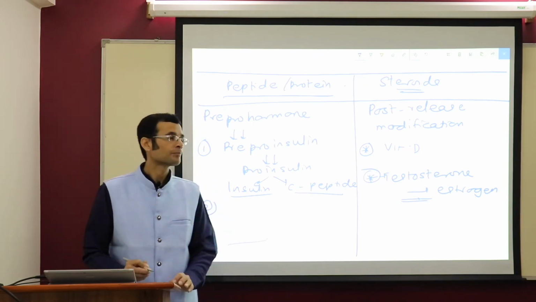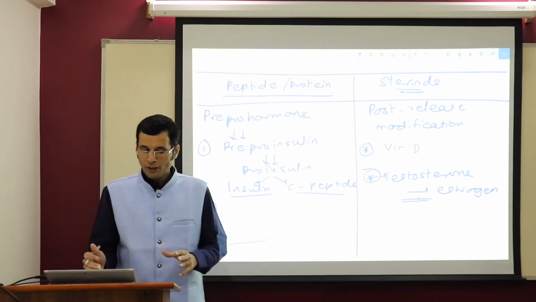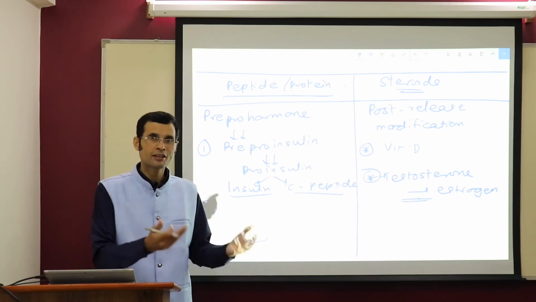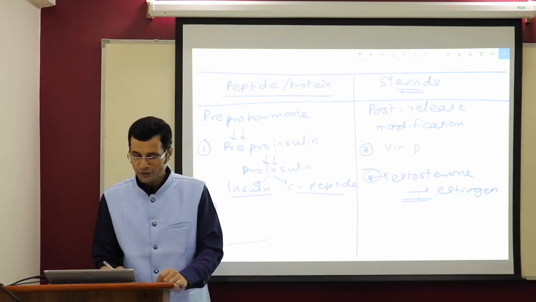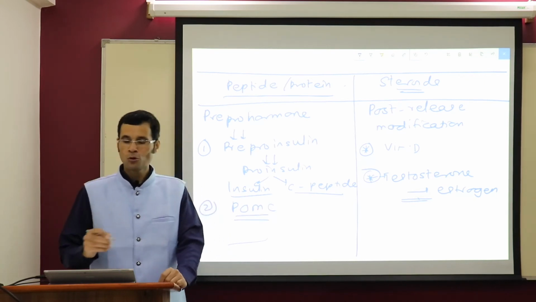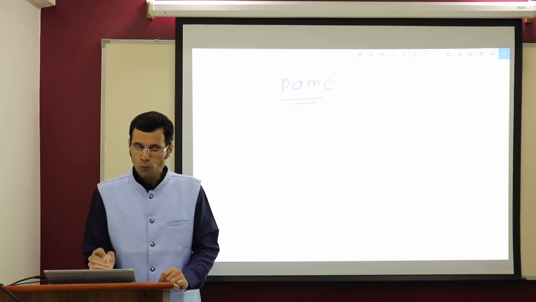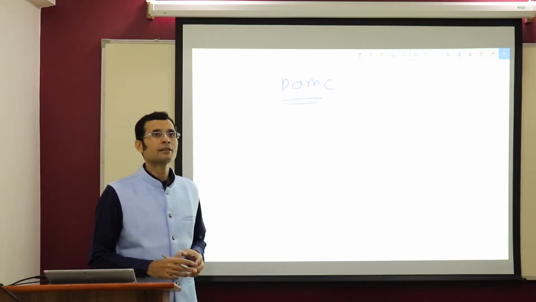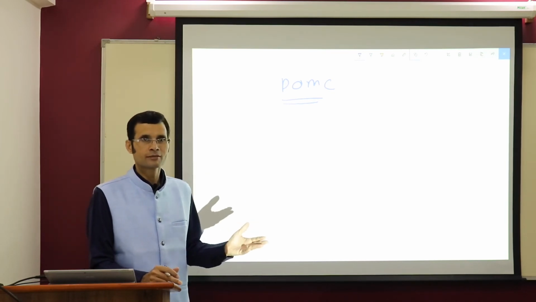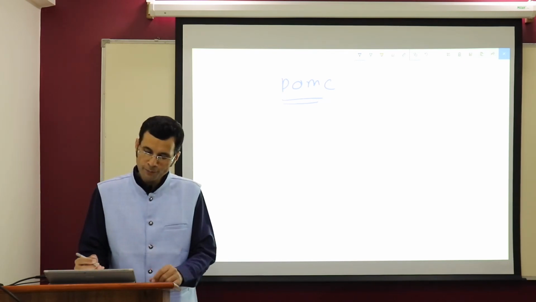Second example, from the precursor protein, multiple types of hormones can be formed after the cleavage of the precursor hormone. Example, POMC, pro-opiomelanocortin. This pro-opiomelanocortin is synthesized by the intermediate lobe of the pituitary, there are basophils in there, they will synthesize this pro-opiomelanocortin.